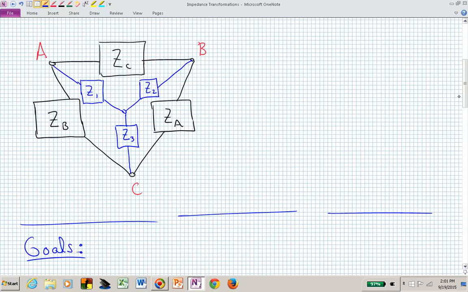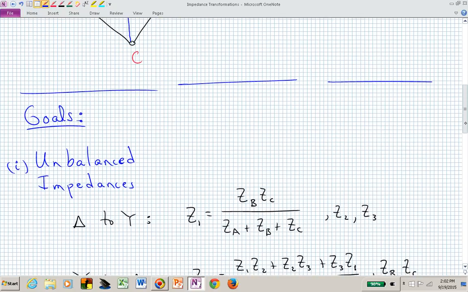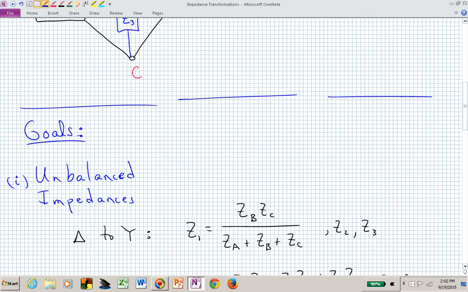If you wanted a strategy then, if these weren't labeled with Z's A, B, and C and Z1, 2, 3, you could say, oh, if I want the impedance that's sitting in the Z1 location, I take the two delta impedances that touch the same terminal, which are ZB and ZC, and divide by the sum of those three delta impedances. That's what we could sort of say if we had to memorize this particular transformation relationship.